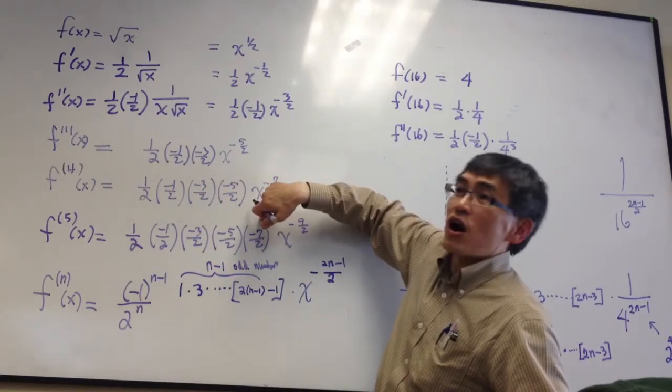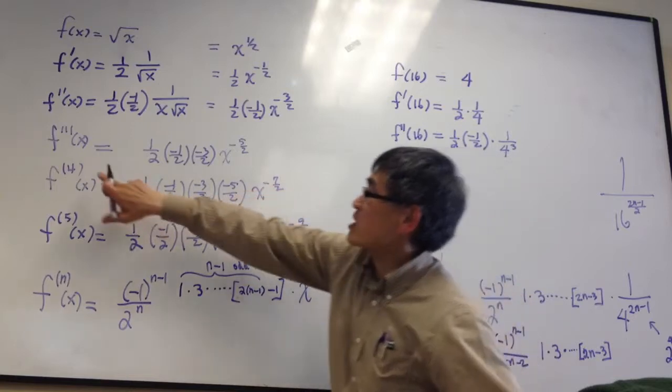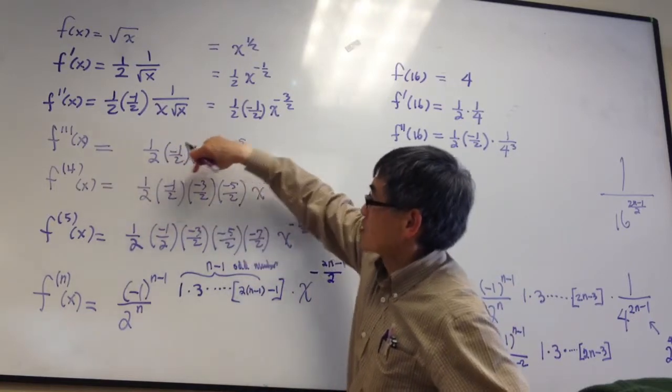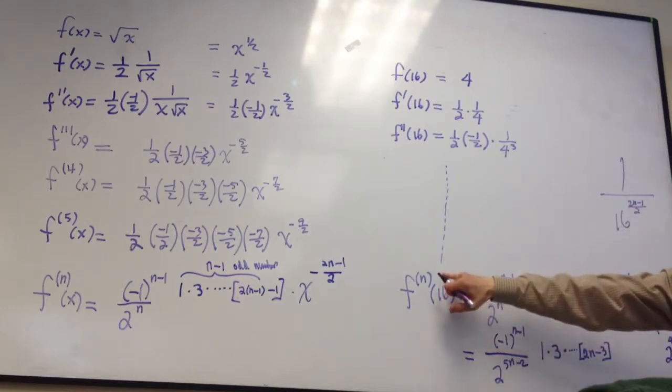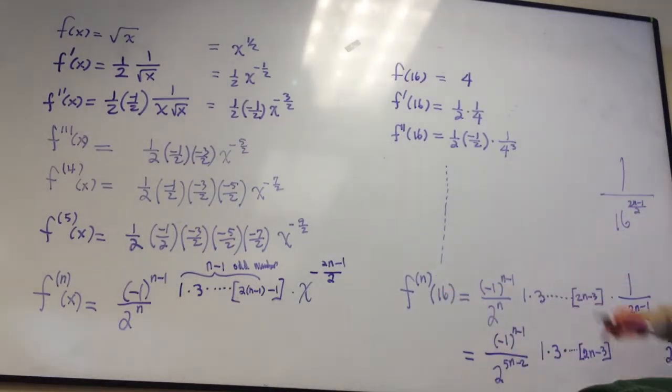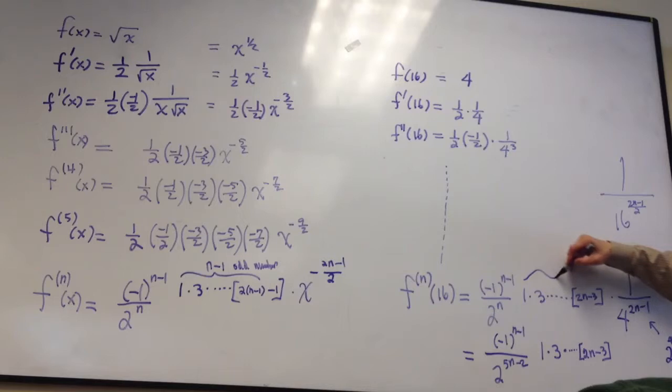The first 4 odd numbers. Likewise, at degree 4, I have the first 3 odd numbers. And therefore, at degree n, I would have the first n minus 1 odd numbers.